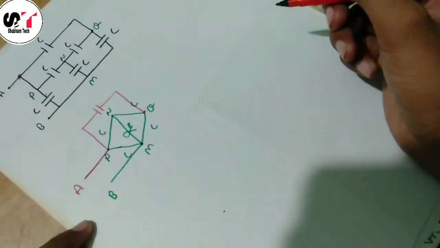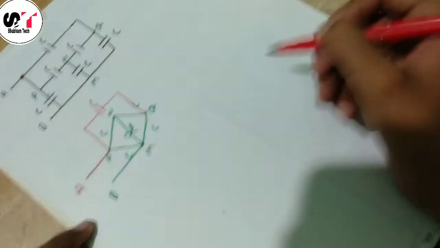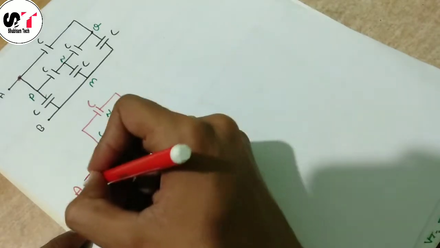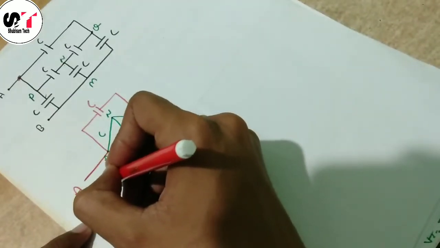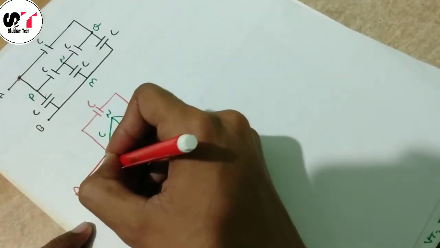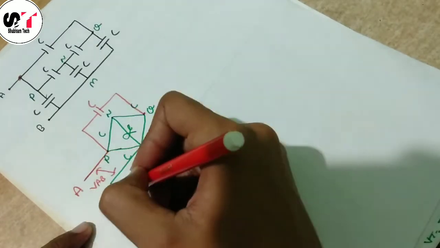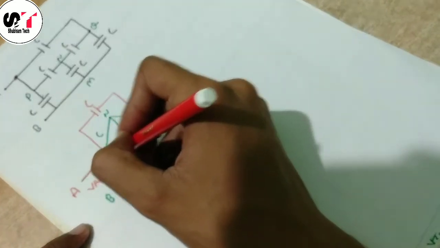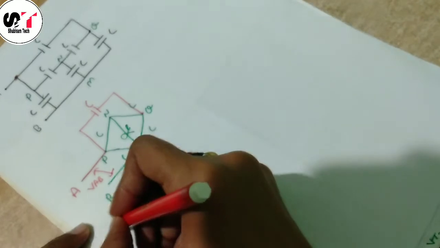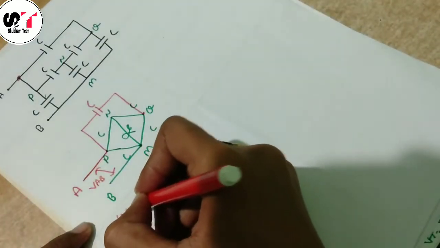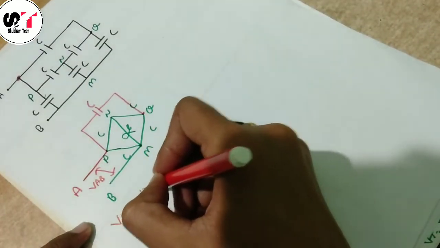We have to find the potential difference across this terminal, V_AB, or you can say V_PM, so V_AB equals V_PM.